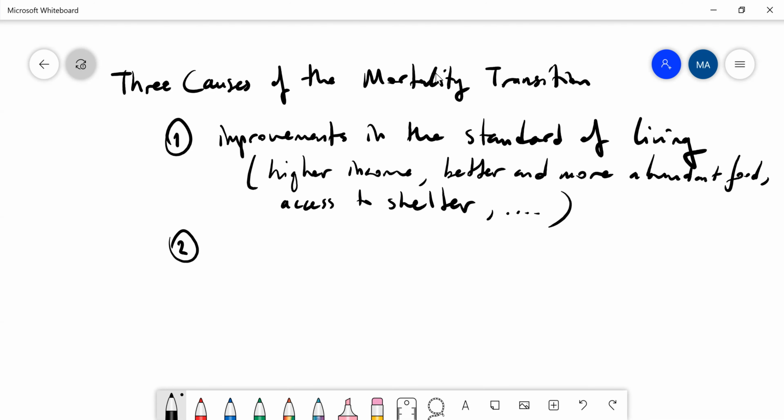The other reason is public health measures. Okay, so these public health measures, of course, are related with, especially after the 18th century, in many countries, national governments created reforms in many aspects of life, right?